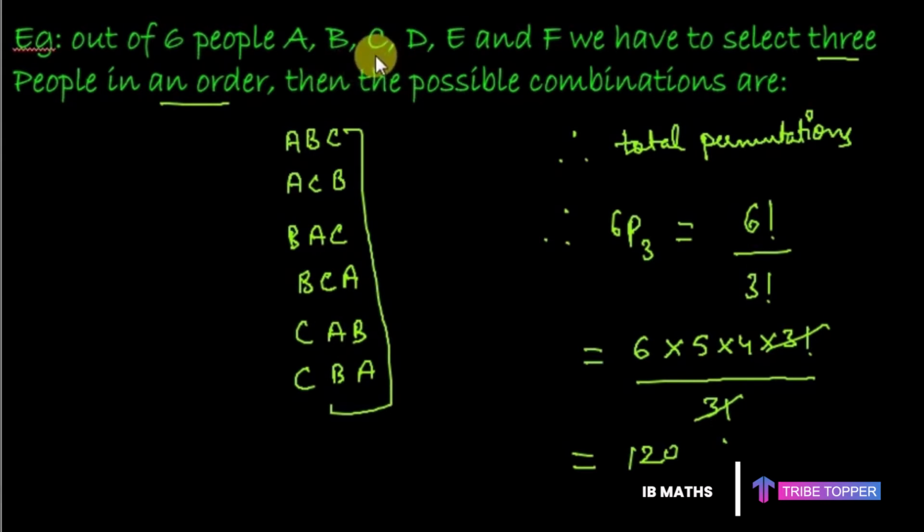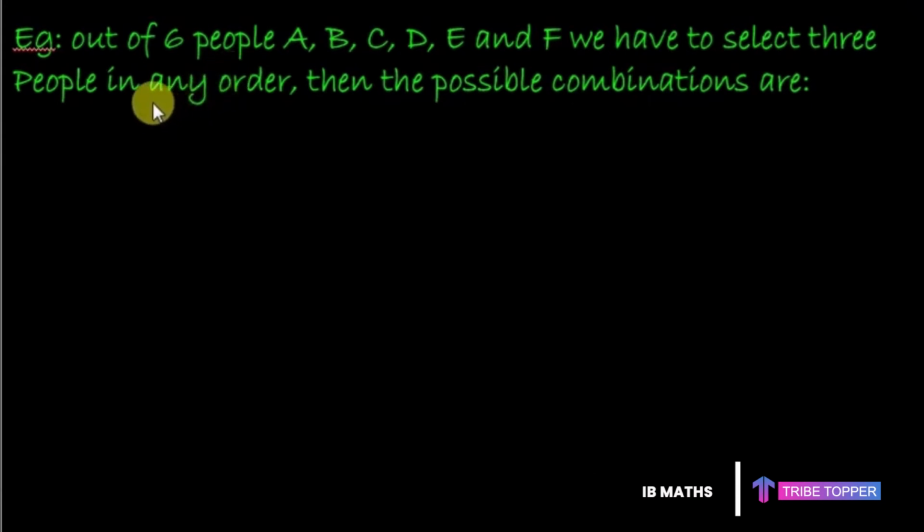But in the same question now, if I say out of 6 people, you just have to select 3 people in any order, that means the order does not matter. Then the possible combinations are, if you select 3 people A, B, C, then that's one combination. Order doesn't matter here, so you just select 3 people out of this.